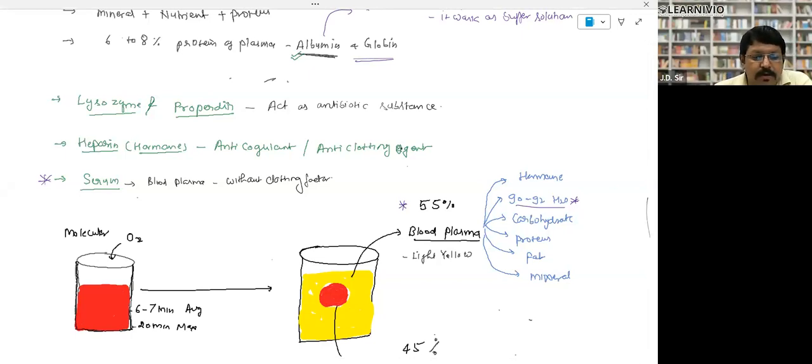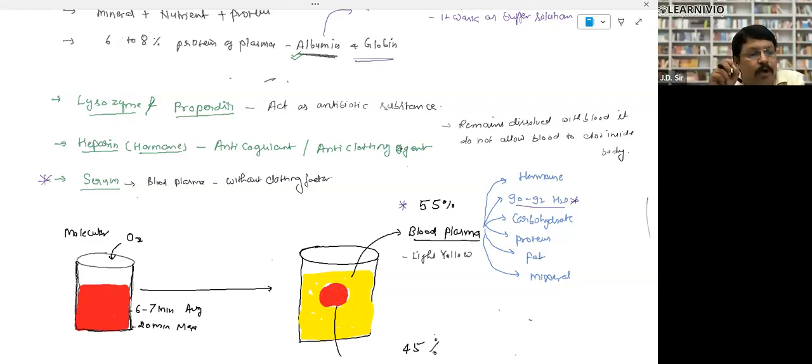It remains dissolved with blood. It does not allow blood to clot inside the body. That's why it is called an anticoagulant or anti-clotting agent.